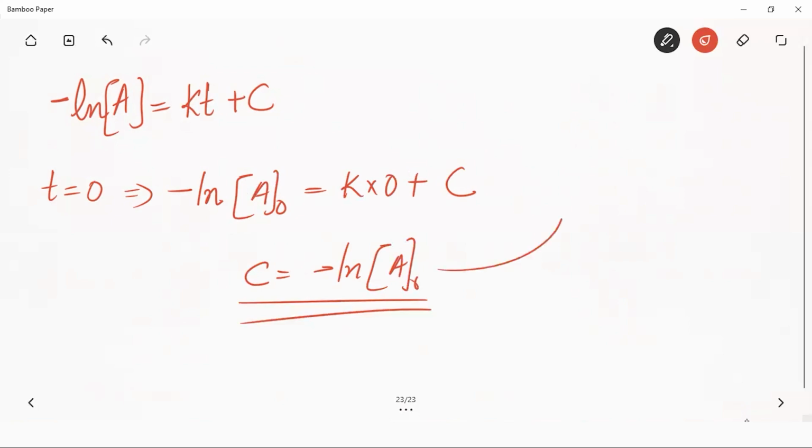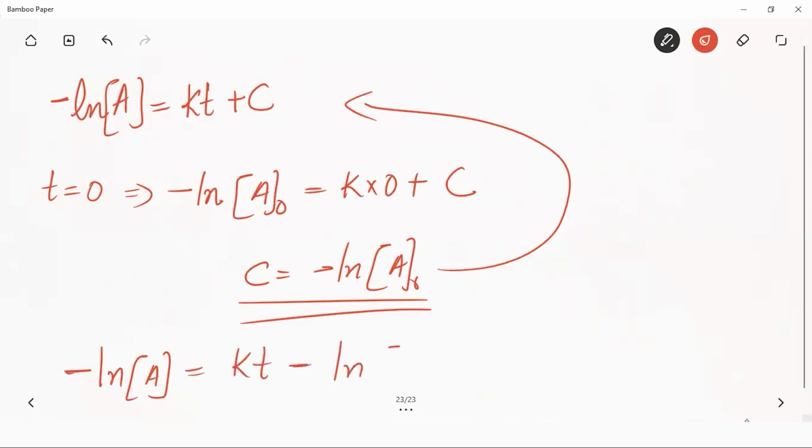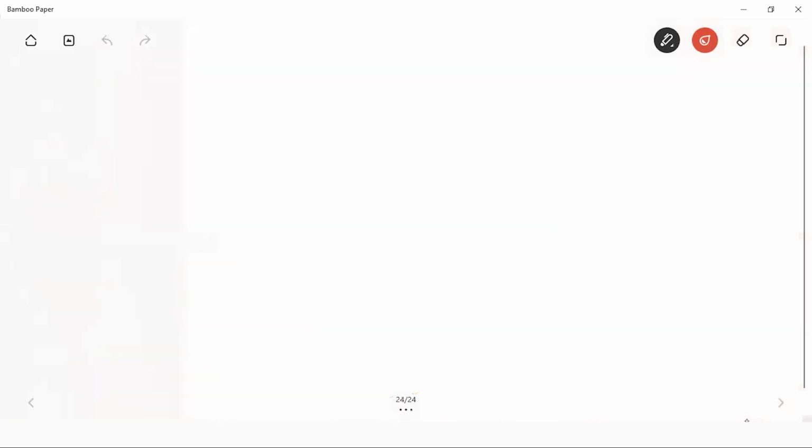Then you have to substitute this C in this equation. You will be getting minus ln A is equal to Kt minus ln A0. Taking it along both sides, you will be getting ln A0 minus ln A is equal to Kt. Ln means natural logarithm.